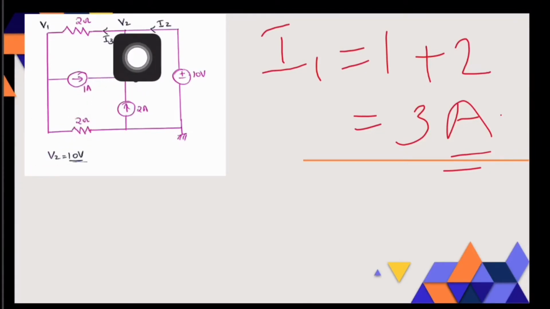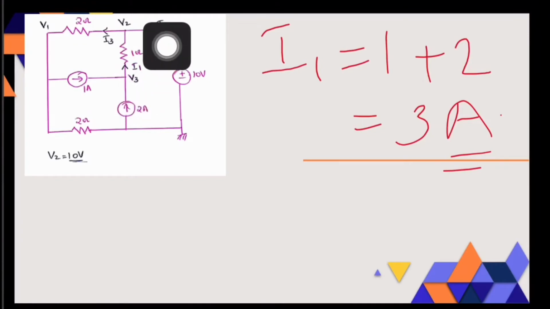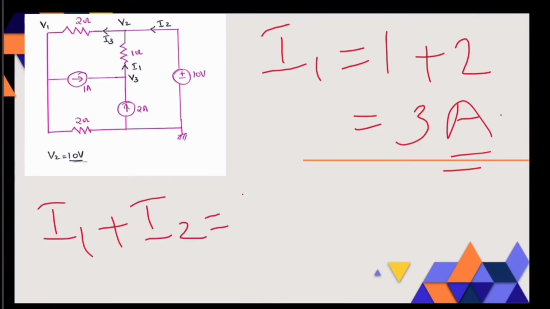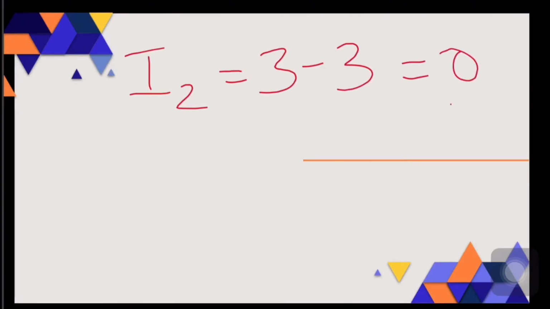Next you look at this node V2. At node V2 we have two incoming currents I1, I2 and one outgoing current I3. So we can write I1 plus I2 is equal to I3. The values of I1 and I3 are already calculated. By substituting these values, we get our desired current I2 is equal to 3 minus 3, that is 0.